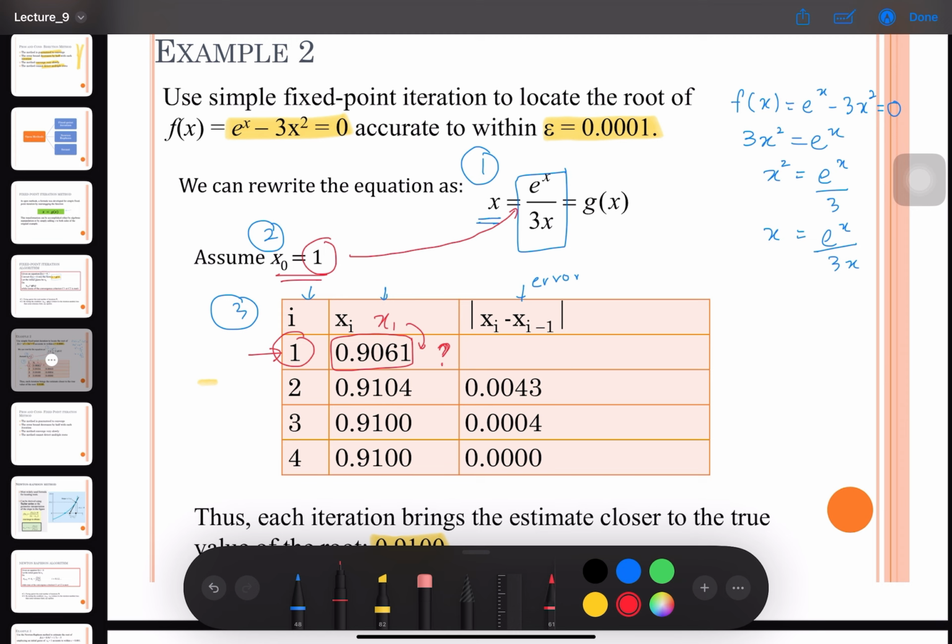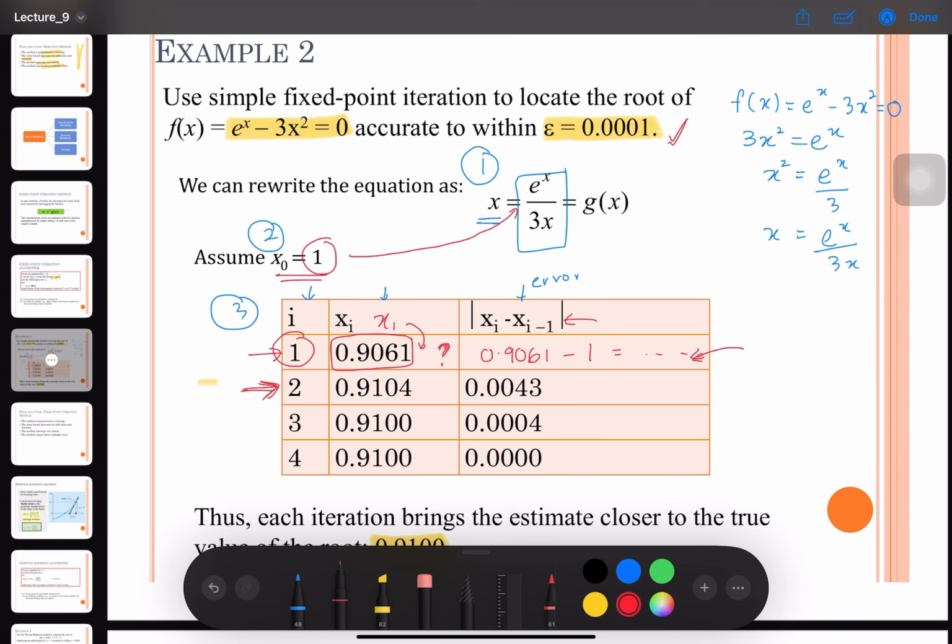For the error, 0.9061, x1 minus x0. Using this formula, it will be x1 minus x0. So x0 is 1. So you will get your answer for error. Okay, since the error is still larger, this one they leave it blank. Since the error is still larger than the question, you have to continue with second iteration.